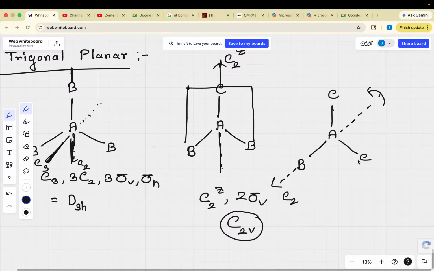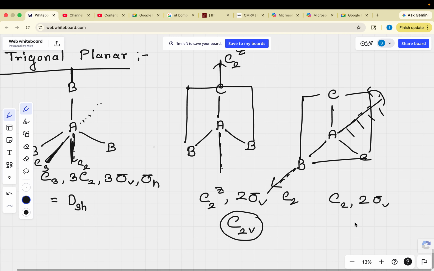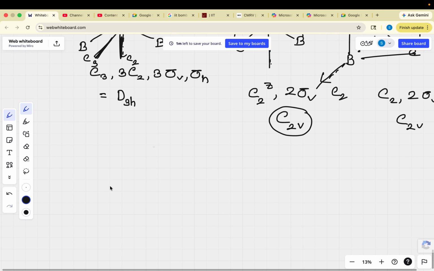You will have two sigma planes also. One plane is like that, where the two C atoms become mirror images of each other. Another plane will be like this. So again you have a C2 axis and 2 sigma V, which leads to the C2V point group.